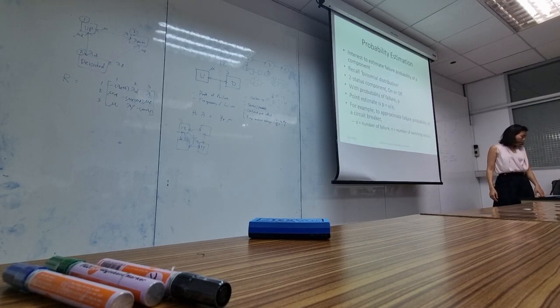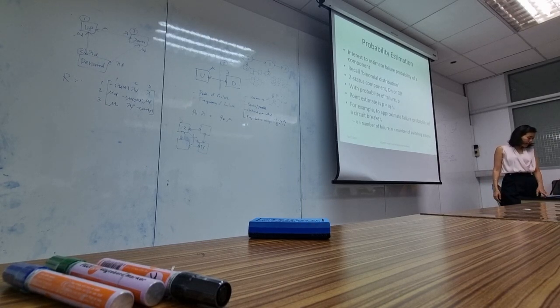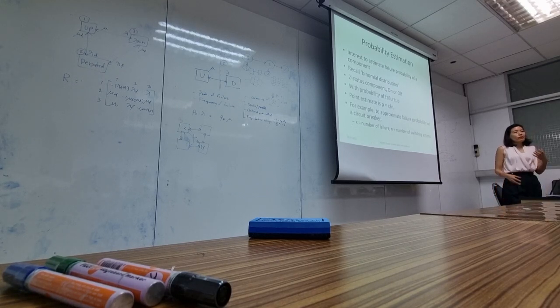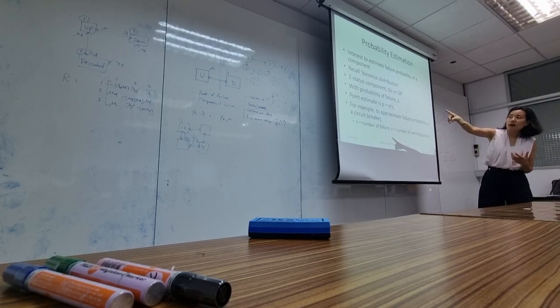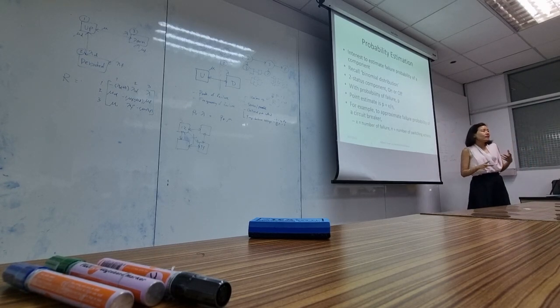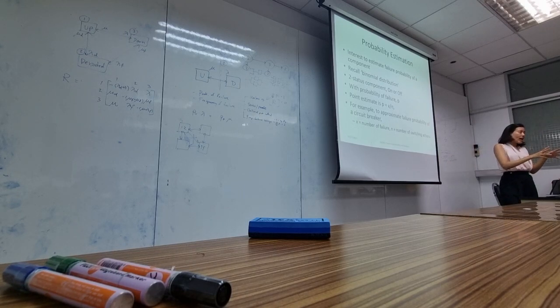For the probability estimation, in some cases you have the binomial. What it means by binomial is that you have only one on or off state. Like in that case, you have up or down, right? So you have a probability of being up and a probability of being down. The point estimate is like flipping a coin.